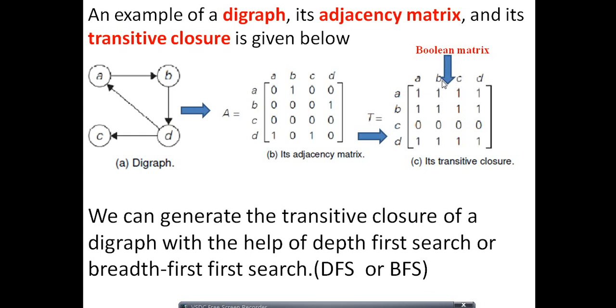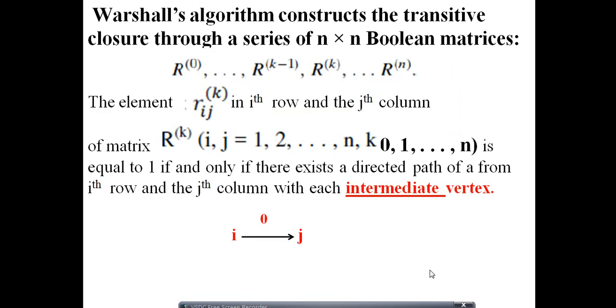So this represents what here? A Boolean matrix. Boolean matrix means this matrix itself has two values, either 1 or 0. That's it. Now we'll see Warshall's algorithm constructs the transitive closure through a series of n cross n Boolean matrices.